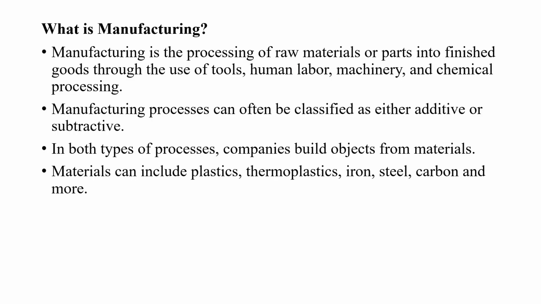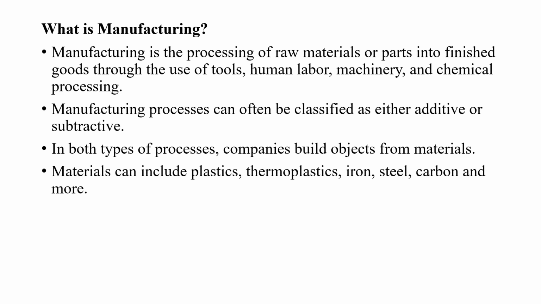Before going to additive manufacturing, first let us understand the word manufacturing. Manufacturing is the process of converting raw materials into finished goods through the use of tools, human labor, machinery, and chemical processing.